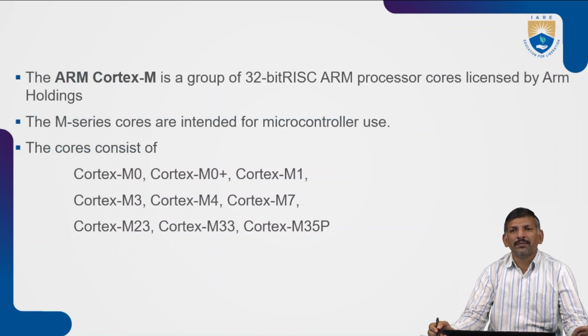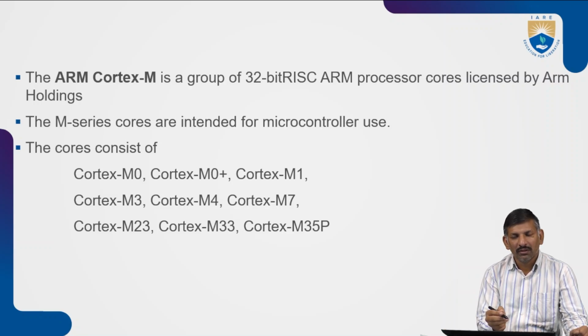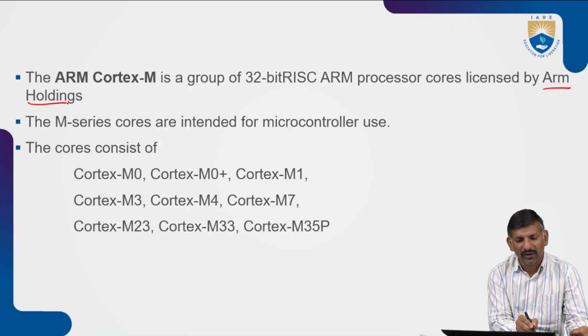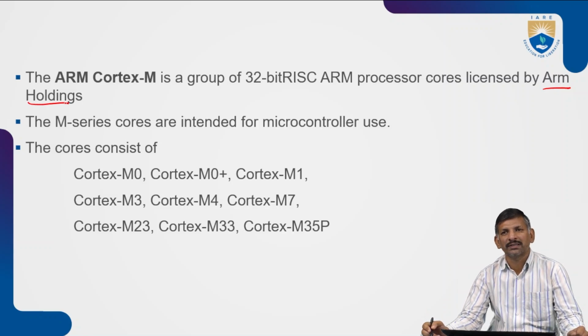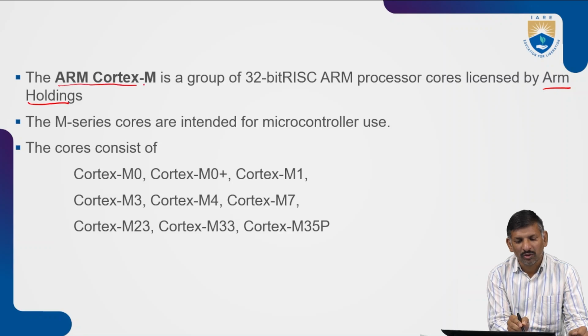First, ARM. ARM means Advanced RISC Machines, which means that the processor architecture provides reduced instruction set computing elements. ARM Holdings is a company manufacturing different types of processor architectures. One of them is ARM Cortex-M.